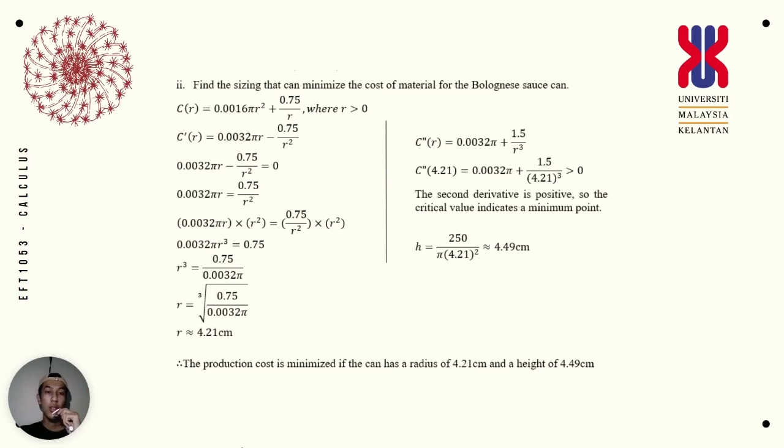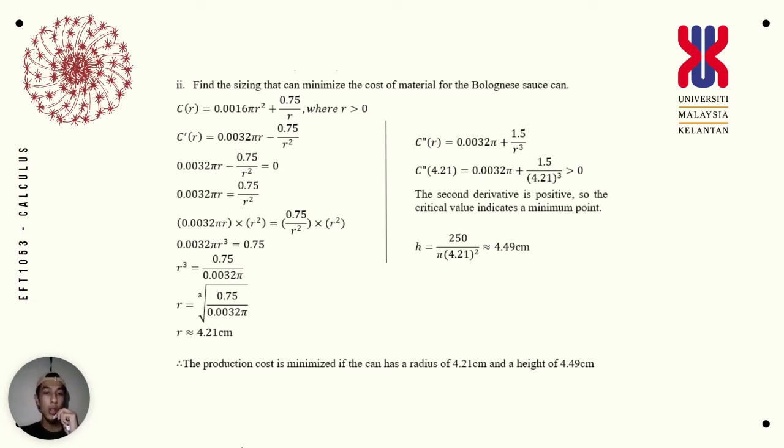So we get, after substituting into C double prime of 4.21, which is from the radius, 0.0032π plus 1.5 divided by 4.21³ is bigger than 0. So the second derivative is positive, so the critical value indicates a minimum point.